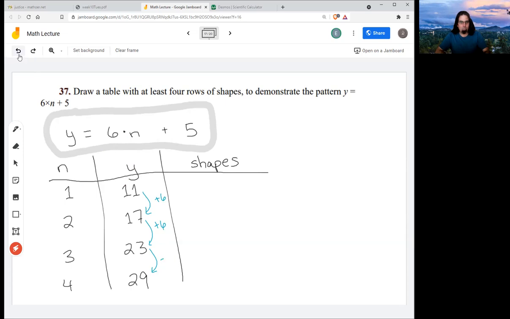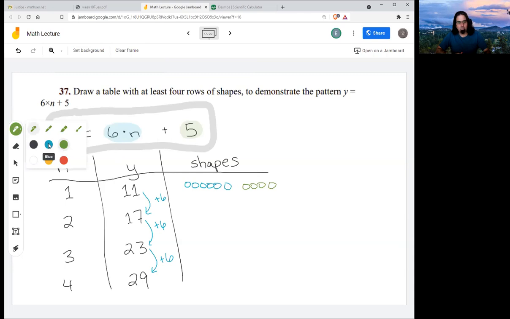So what I'm actually going to do is make this part blue and this part green. So first I want to draw 11 shapes, and I'll just do circles because I'm lazy. So here's 6 circles, and then 5 more that I've added on.